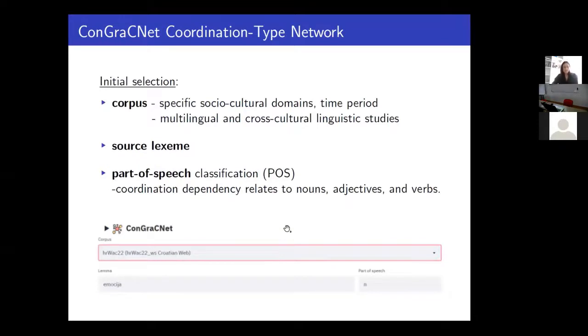So starting with the application, you would first have to choose a corpus from which to extract. By choosing a corpus, you would be able to culturally research the meaning of the word related to that corpus.